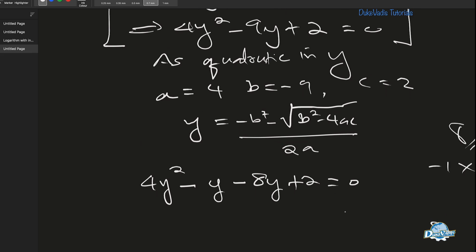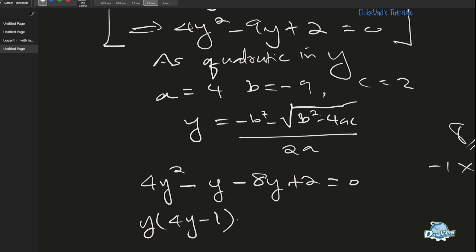Okay? Let's simply solve this quadratic equation by pulling y out of this. Okay? So now we have 4y squared minus y minus 8y. Okay? So if I bring y out of this, I'm going to get 4y minus 1.